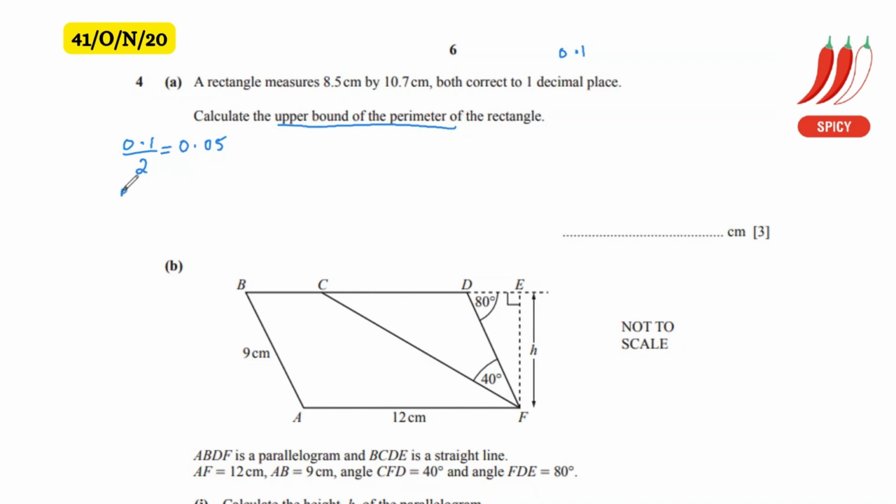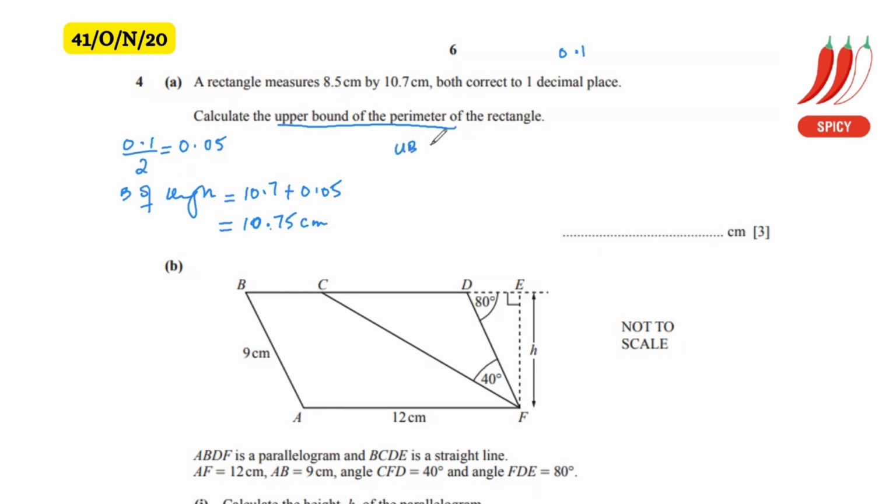So upper bound of the length would be 10.7 plus 0.05. Since it's the upper bound, we add 0.05 to it. So that's 10.75 centimeters.